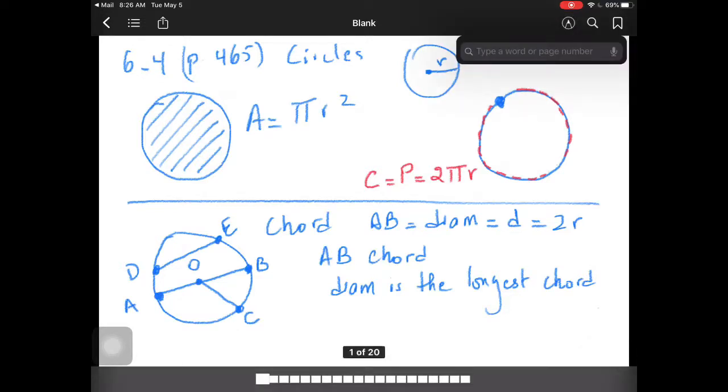Sometimes they might ask us to find the chord length. So they would give us a circle and they would have a chord and they would ask, what is the chord length?